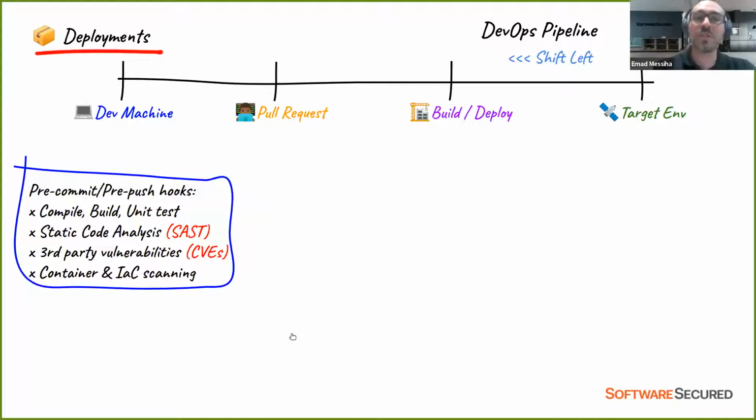There's also infrastructure as code scanning. Examples of infrastructure as code are Terraform or AWS CloudFormation or Azure templates. Basically, these are code files that deploy your infrastructure to a cloud provider. They actually create your servers, your database server, your network configurations, and everything like that.